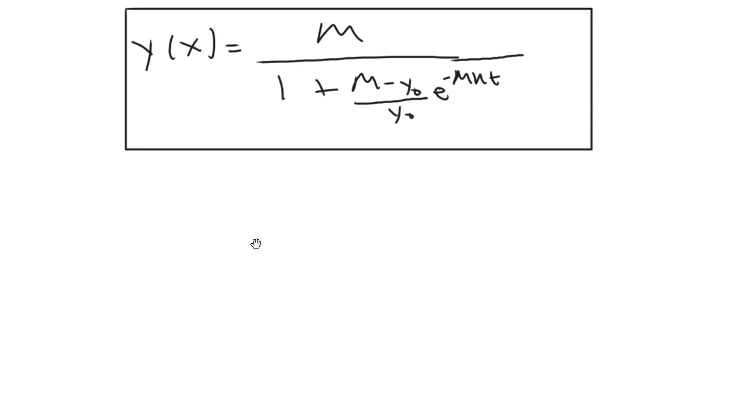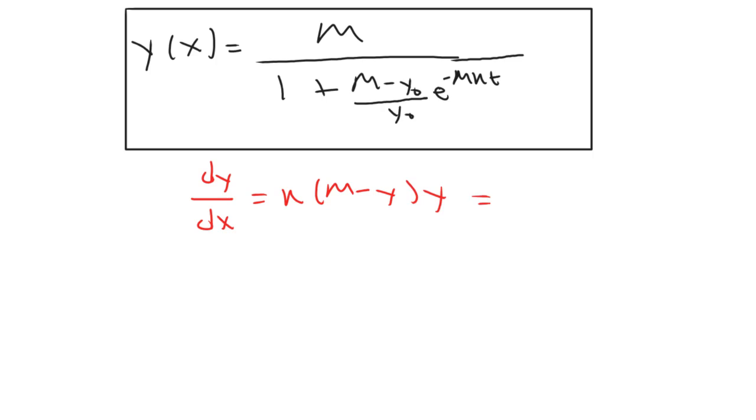From there, if you needed to find the point of inflection, you could take the first derivative and then the second derivative, but it would be a lot easier to work off of the rate of change, which we know is k times m minus y times y.